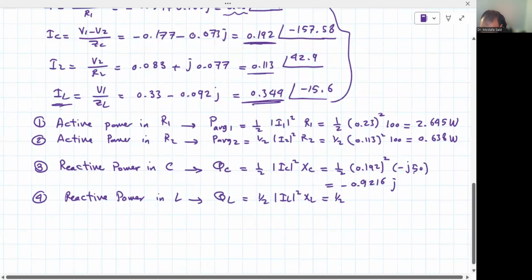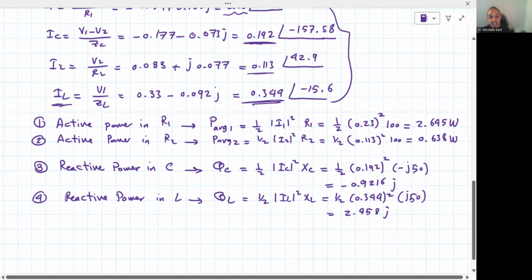What's its amplitude? 0.344 squared multiplied by j50, the XL. It's given in the question. And again, it's pure imaginary. How much is this one? 2.958j, pure imaginary.